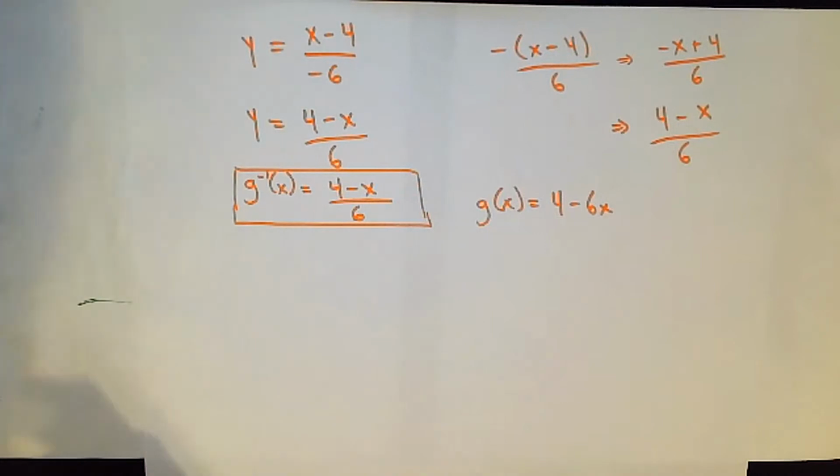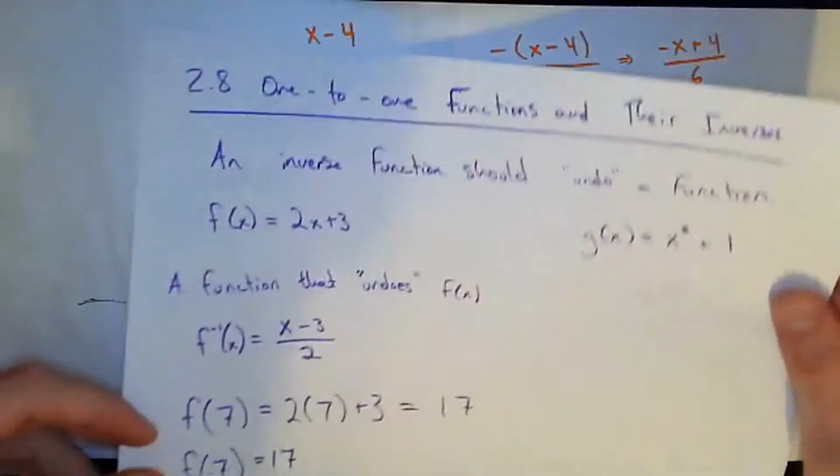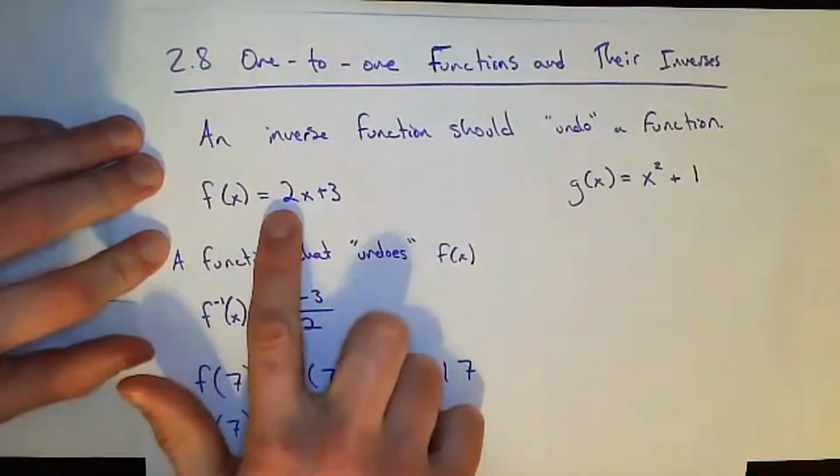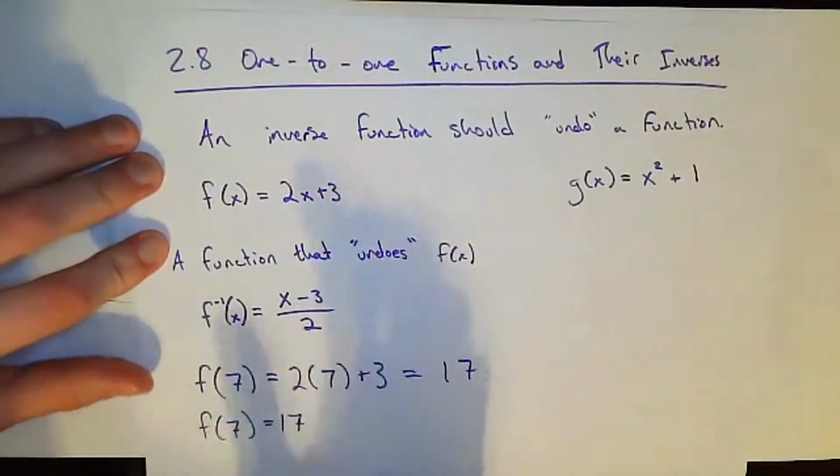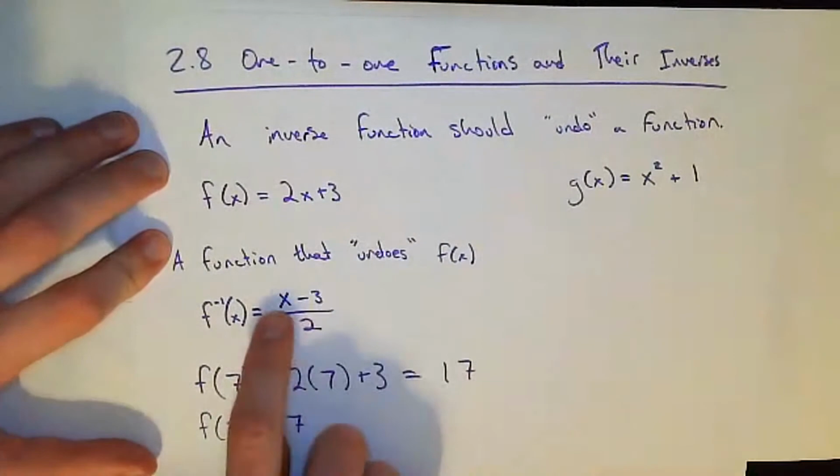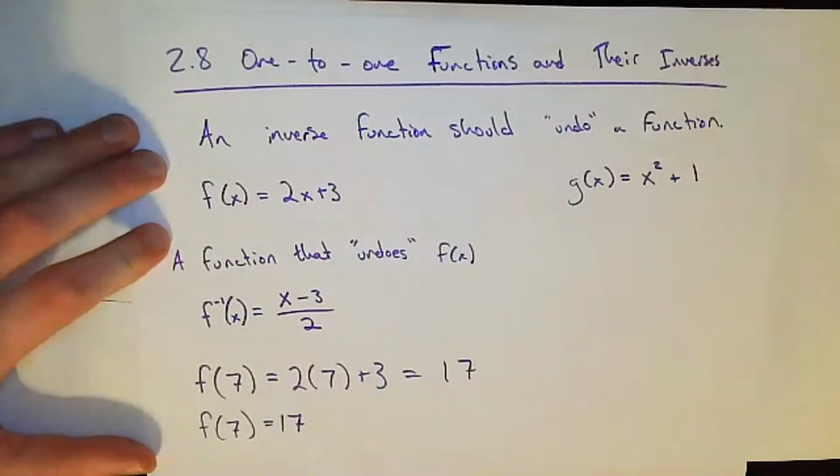So if you remember from the beginning, I gave you a function that was kind of easy to find its inverse in words. Here it is. Takes in x, multiplies by 2, and adds 3. So its inverse does that in reverse order. Subtracts 3 and then divides the whole thing by 2.